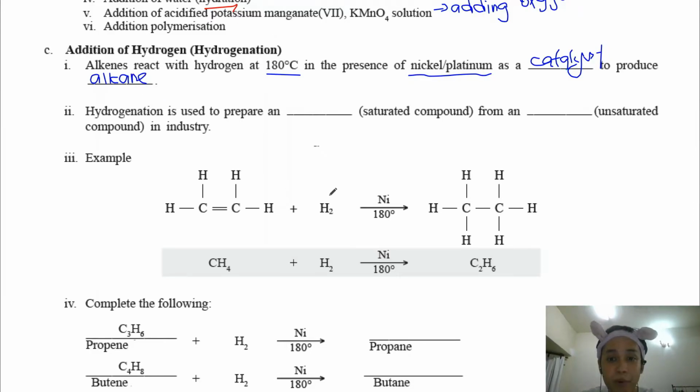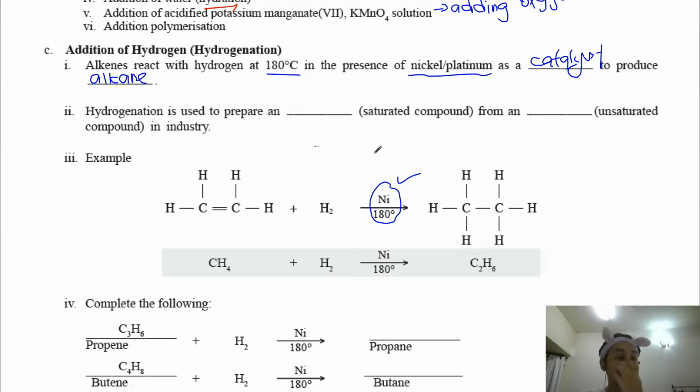It's very important that you write the conditions here. When they ask you to write the balanced chemical equation or the structural formula to show the reaction of hydrogenation, please include the conditions: what catalyst at what temperature. One classic example of hydrogenation is the manufacturing of margarine.